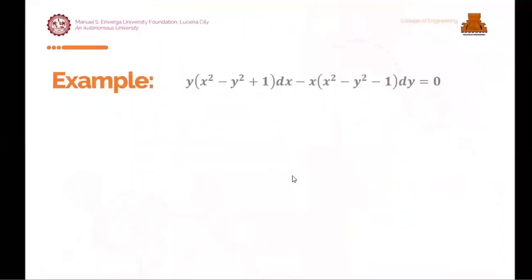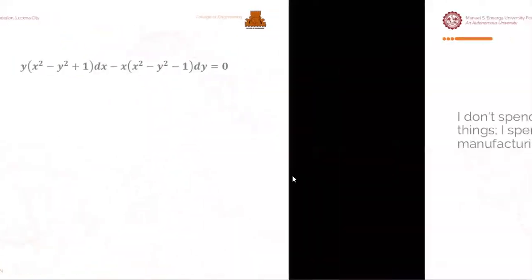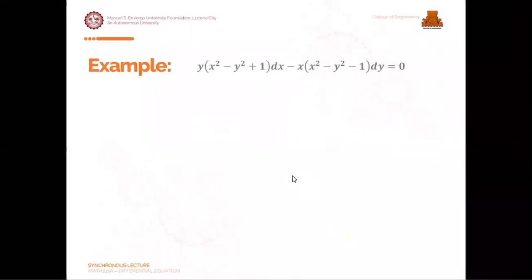So next, we try our final example for this method. So we have y times (x squared minus y squared plus 1) dx minus x times (x squared minus y squared minus 1) dy is equal to 0. So, kailangan i-regroup natin siya para mas maintindihan natin, no?